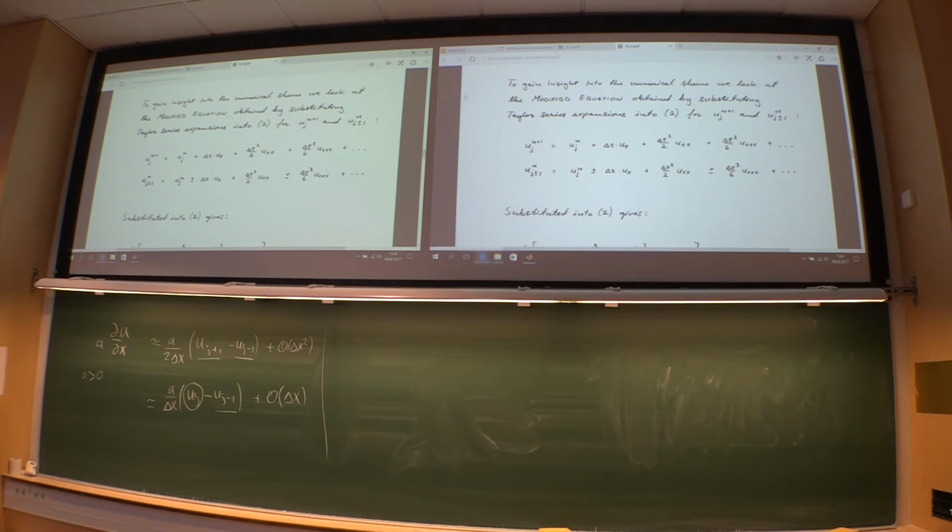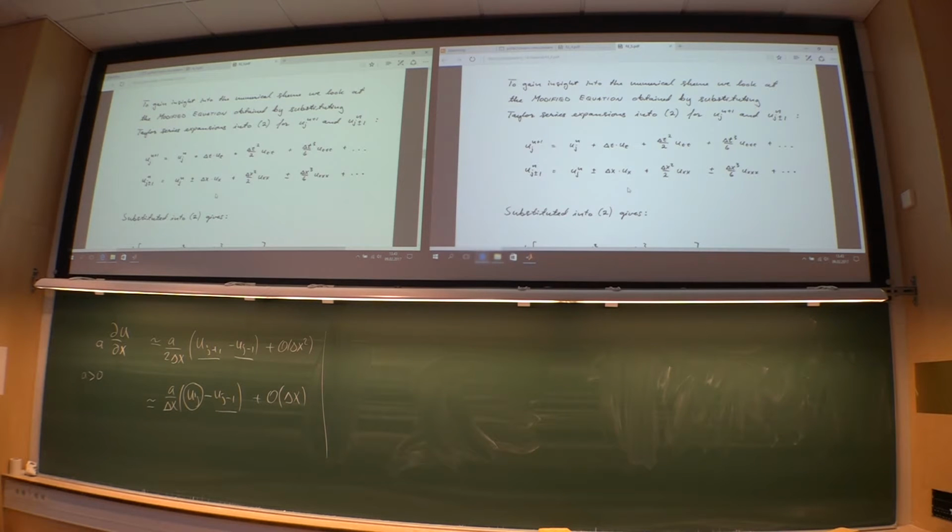We have n+1 when we do the first order derivative. And then I need both directions in space. So j, n plus and minus 1. So I need those three different Taylor series to insert into my numerical scheme. So this is the first step to find a modified equation.